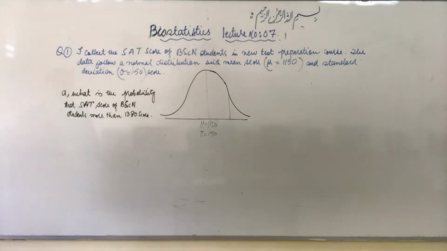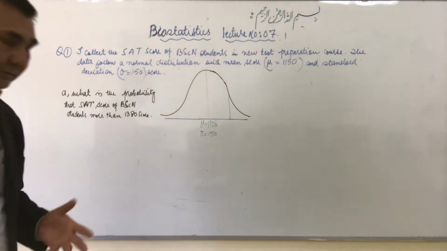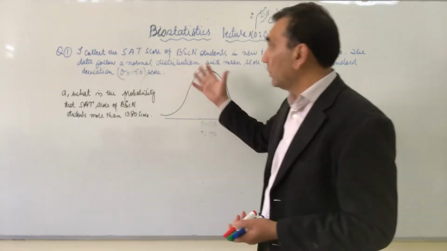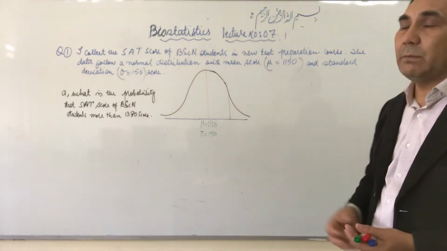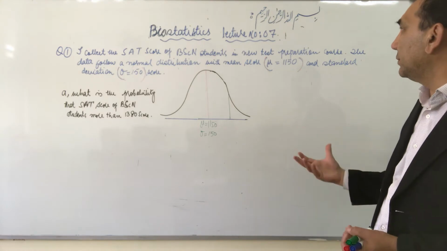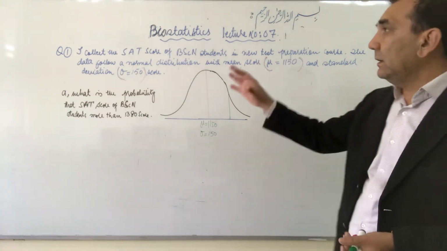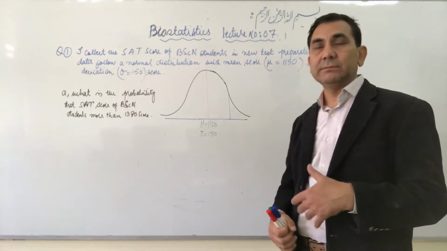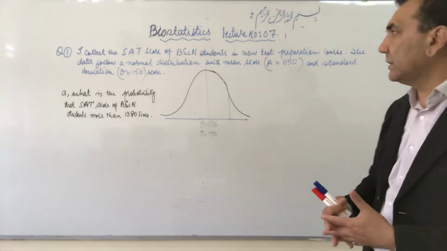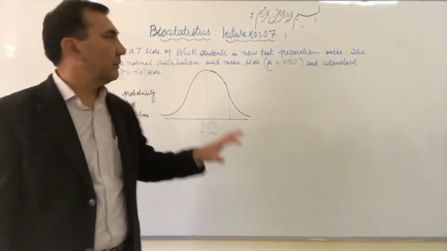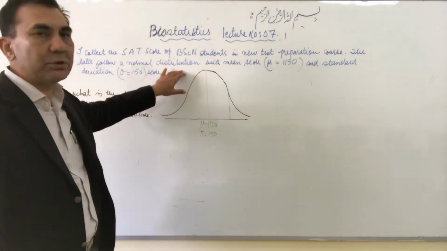The question is that I took a test of the biostats state score. So I collected the state scores of the BSN students in a new test for the preparation of the biostats course. The data is normally distributed.